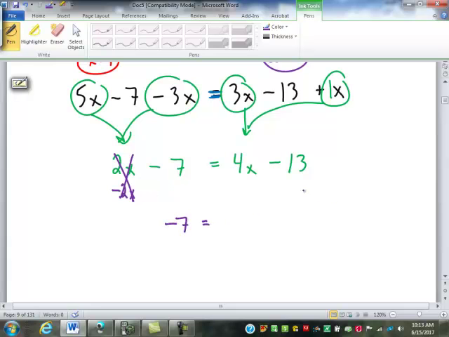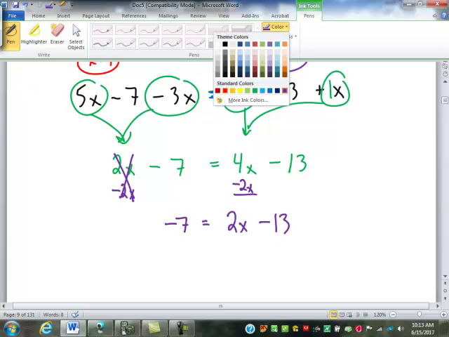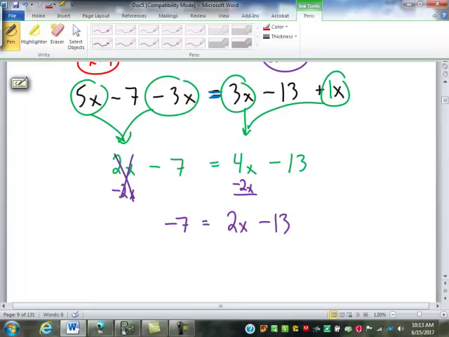What do we have to do over here? Subtract the 2x from the 4x, which gives us 2x minus 13. Good. Now, remember, the variable's right here. So that's telling us this is the side we have to work on. What's the first thing we have to get rid of? 13. We're going to do that by adding 13.